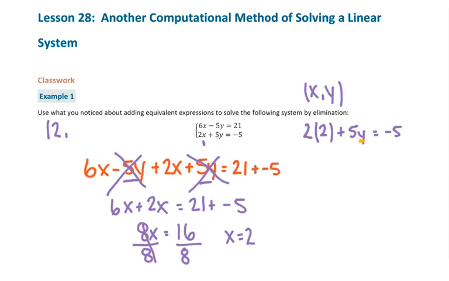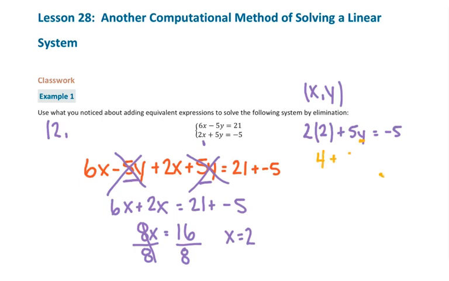I'm trying to determine what the y value is that will make both of these equations true. So I want to be able to plug the same x value and the same y value into both of these equations that would make both of them true. It would make the first equation equal to 21 and the second equation equal to negative 5. So I'm going to solve this equation simply by multiplying 2 times 2, which is 4.